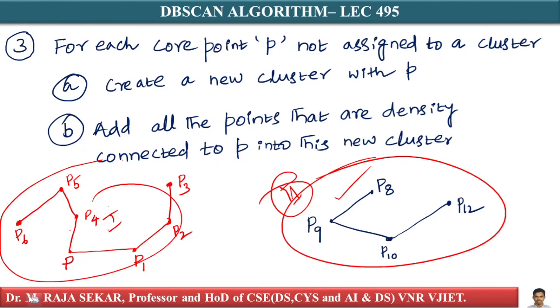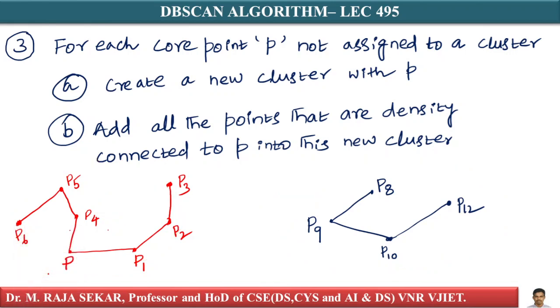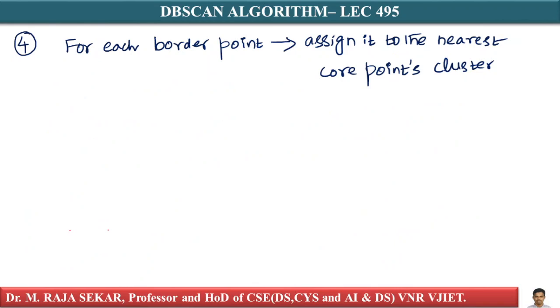What happens to border points? Take each border point and assign it to the nearest core point cluster. Suppose you have a core point, let's call it PC, and PC belongs to this particular cluster.